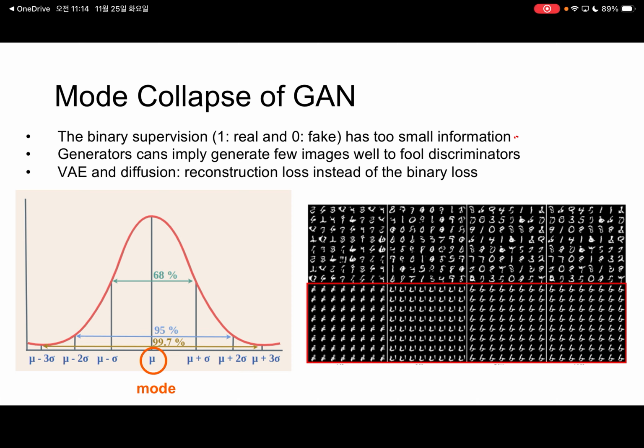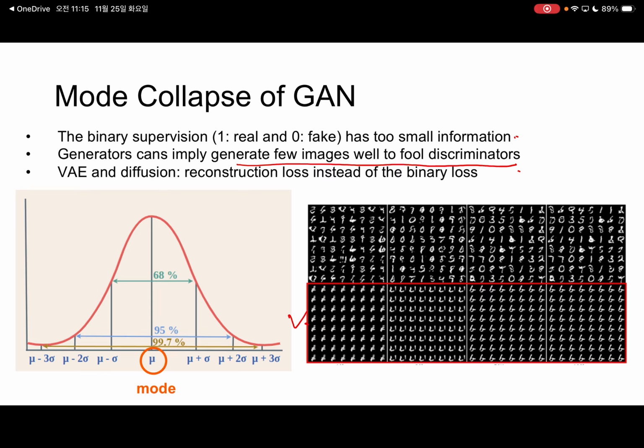For the generator, the supervision signal is too less informative, so one typical failure case of GAN is that it simply generates a few images well to fool the discriminator. This is mode collapse.